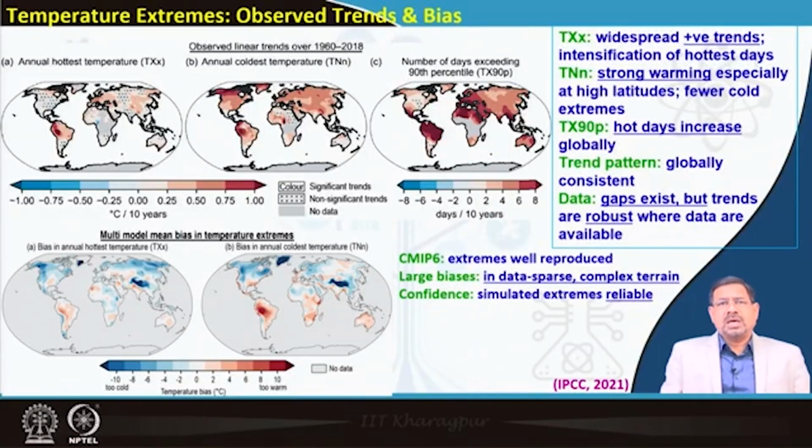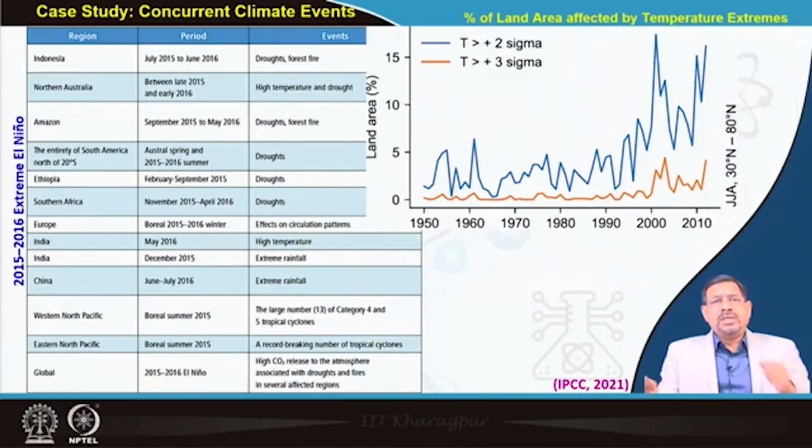So, CMIP6 extremes are well reproduced. There are large biases, particularly in data-sparse regions and complex terrain such as mountain regions, but as far as the confidence level goes, the simulated extremes are very reliable. With this, let us go on to some examples across various regions of the world.